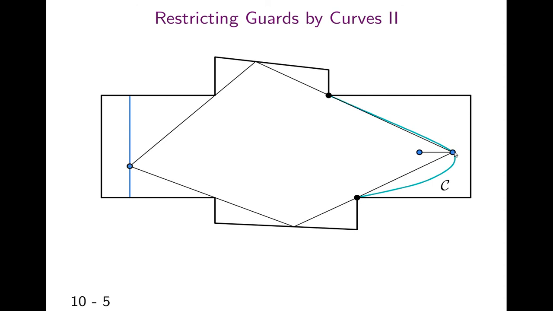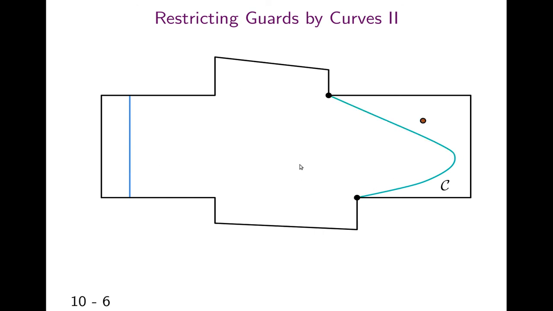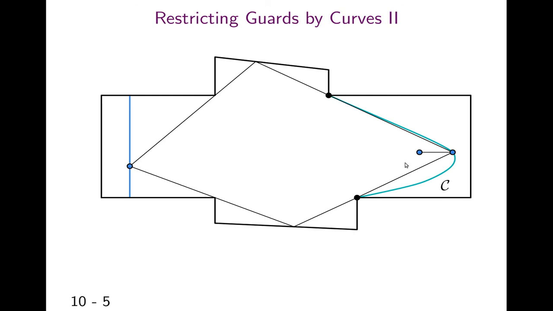But by the definition of the curve C, there exists a guard placement here such that these extension lines meet exactly here. And then these two guards can see exactly these two pockets. In particular, if these two guards can see it, then also those two guards can see it, because this guard sees strictly more than that one.